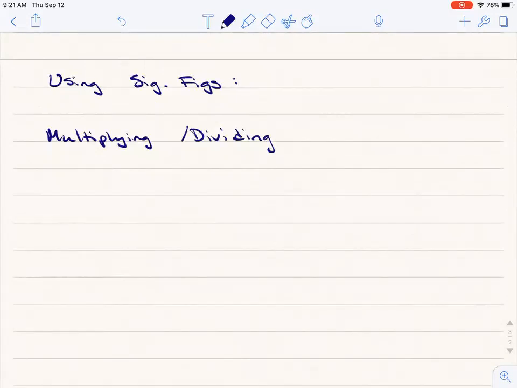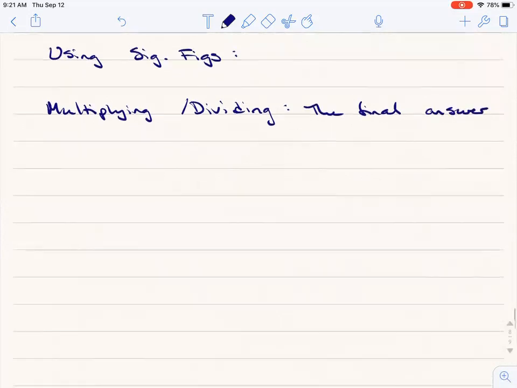So let's just rewrite this here, mostly because I don't have this sheet anywhere. The final answer for multiplying and dividing has the same number of sig figs as the term with the fewest sig figs.